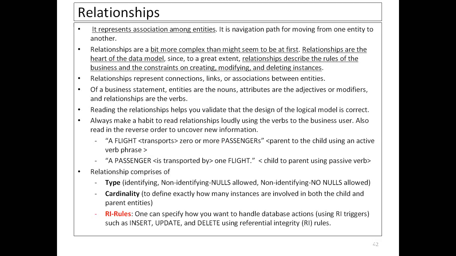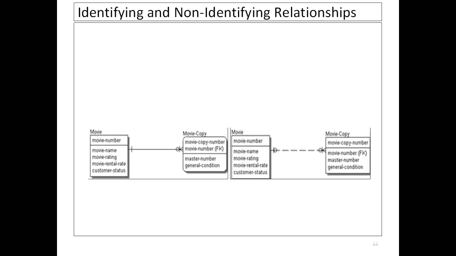RI rules are achieved using referential integrity triggers and are used to restrict insert, update, and delete actions when a relationship is defined between a parent and a child entity. So relationships are classified in terms of degree, cardinality, connectivity, direction, type, and existence.